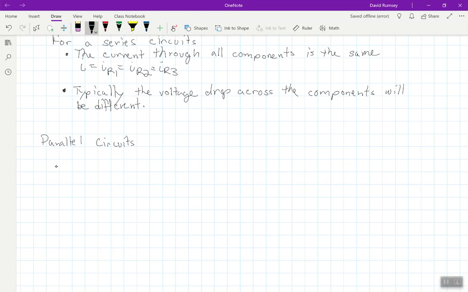So parallel circuits: two components are in parallel if both of their terminals are connected together.